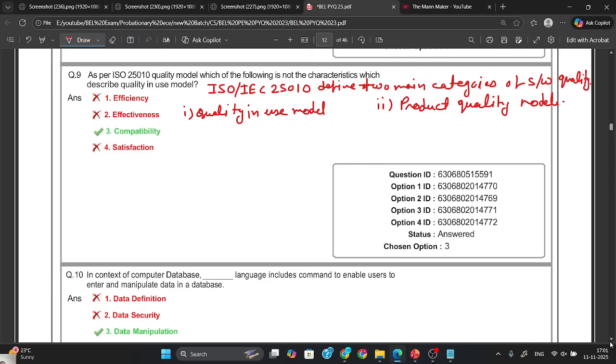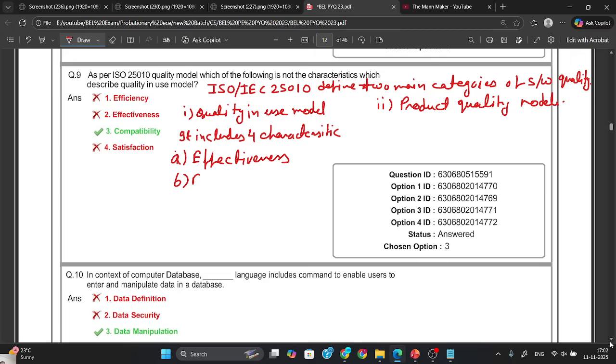The quality in use model includes four characteristics. First one is effectiveness.